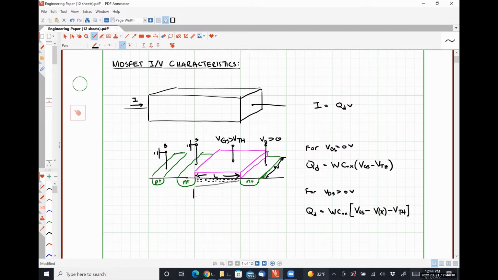So let's call this location 0. X is just some generic location in our channel where we will have some potential. And this endpoint here is L, the length of our channel.